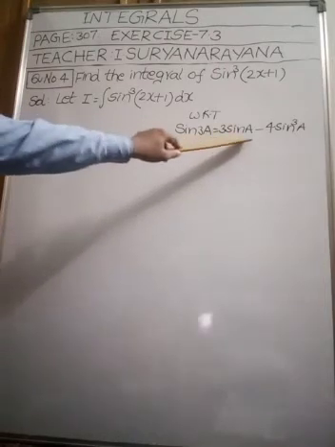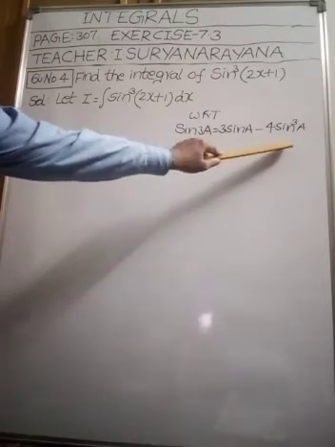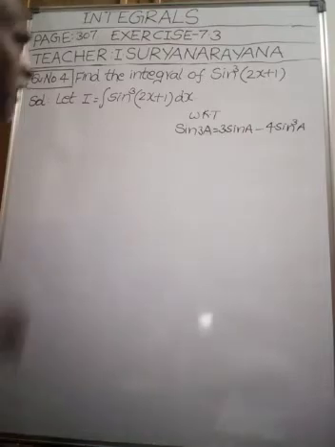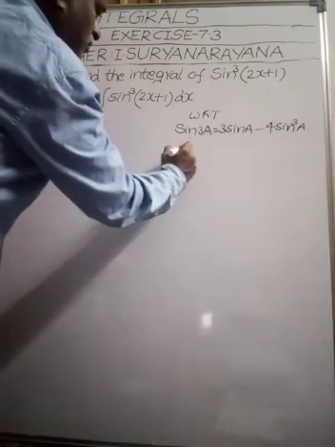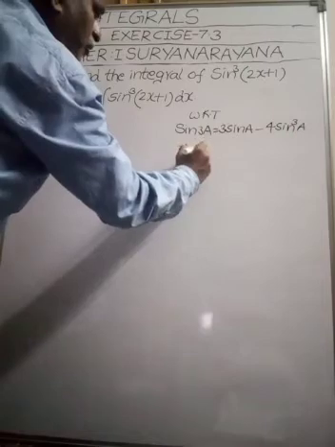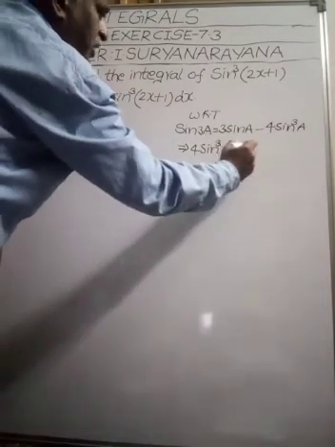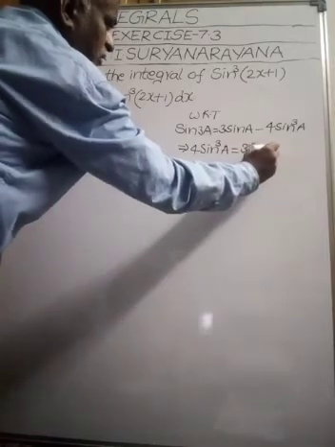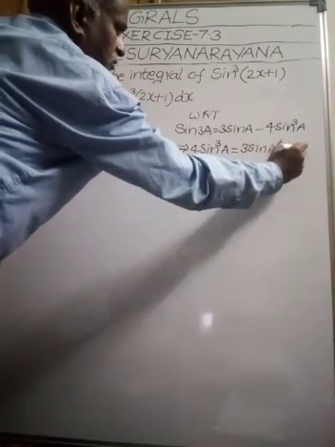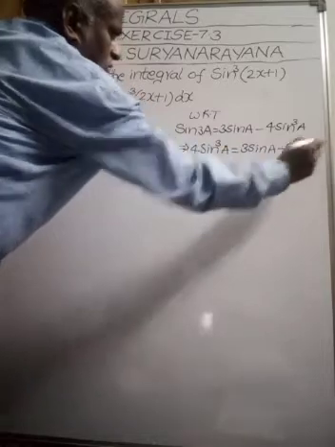From this formula we derive the sin cube value. Okay my children, this implies 4 sin cube A is equal to 3 sin A minus sin 3A.